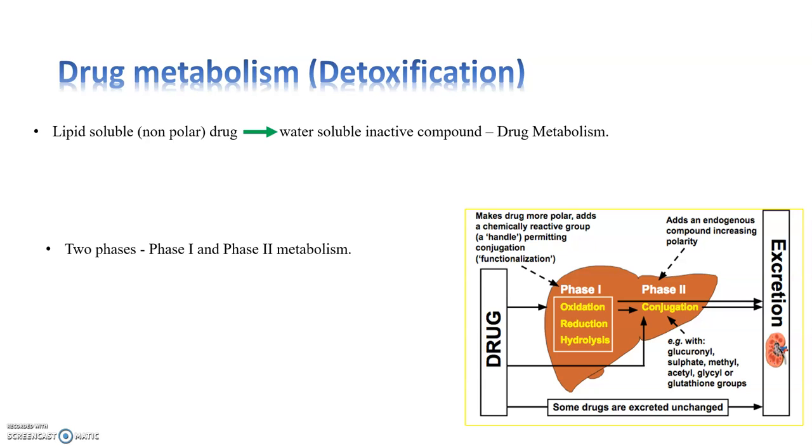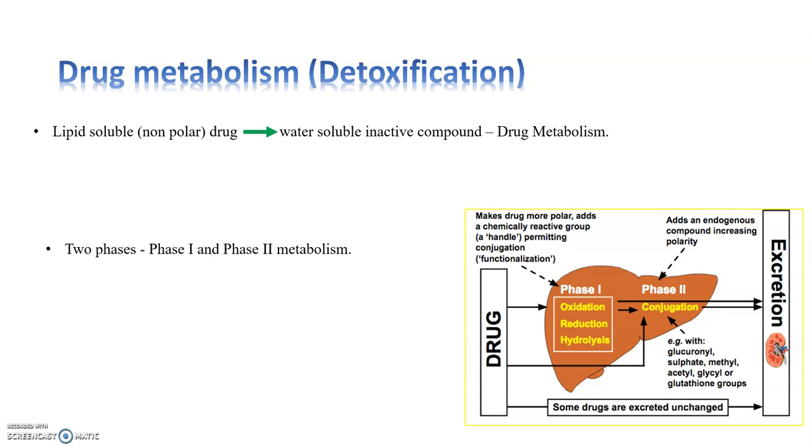That is done through two phases. In phase 1, the non-polar group is converted to a polar group having an active functional group. In phase 2, this active functional group is linked with conjugates, other molecules in our body, to make it inactive, so that reabsorption is controlled.